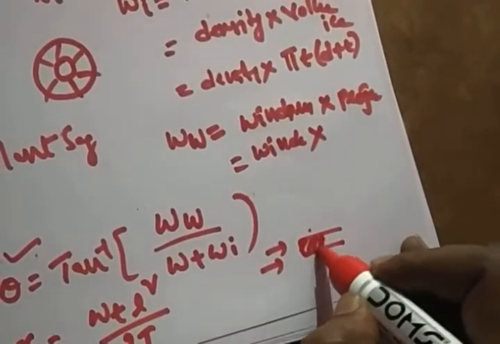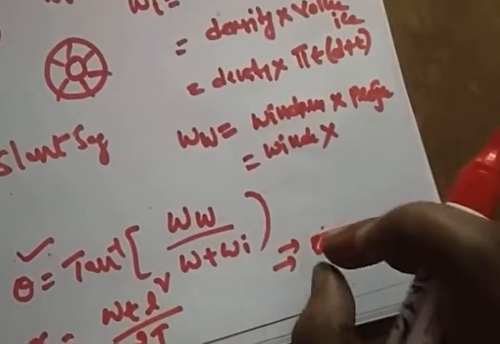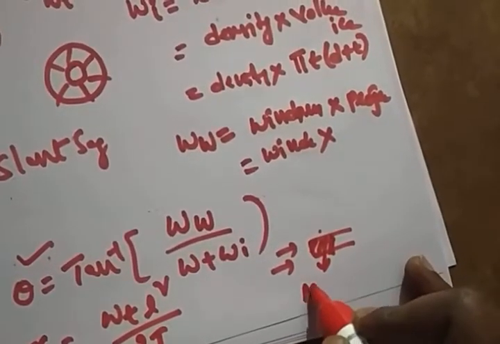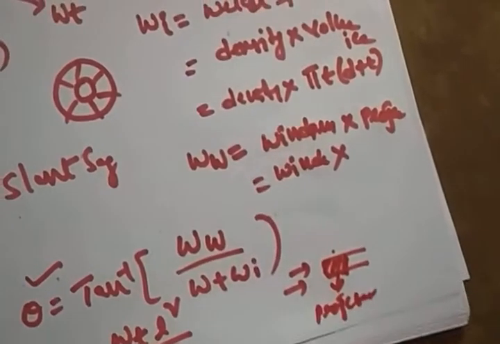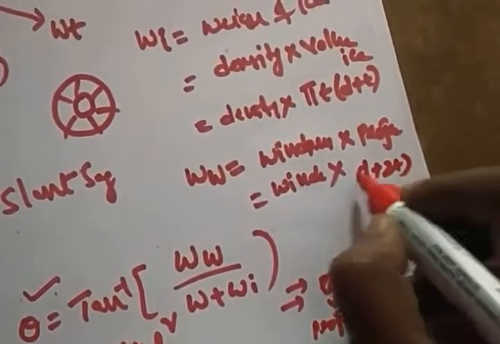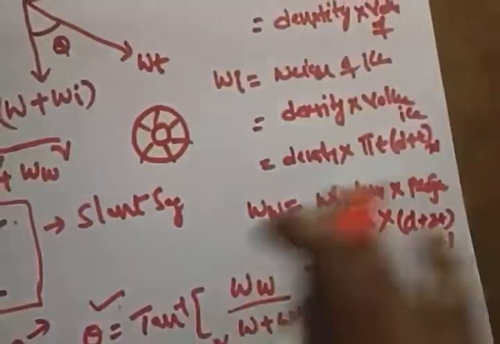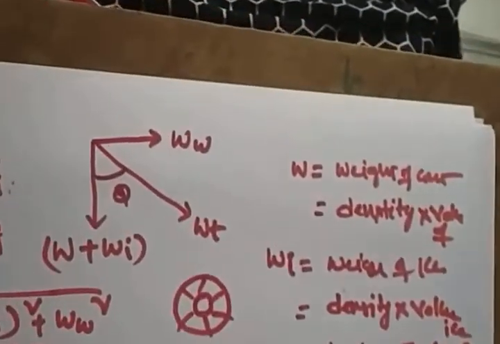Due to the motion, it will be in a rectangular direction. So this is a projected rectangular shape, and we can call it the projected area. So what is the projected area for a rectangular shape? (d plus 2t) into 1, that means per unit length. So these are the formulas that we already discussed in the last session.